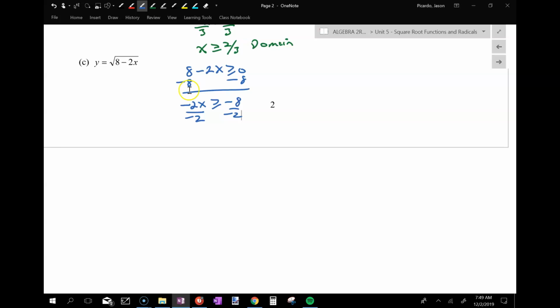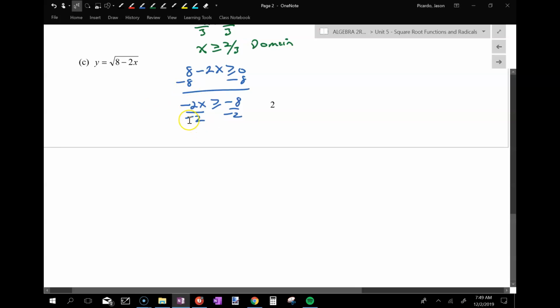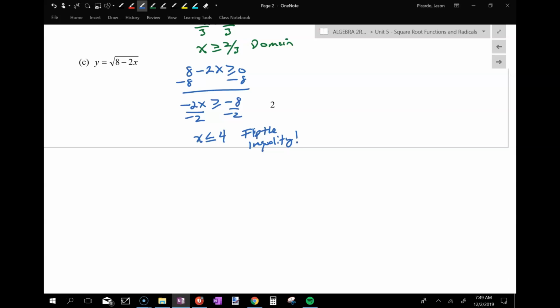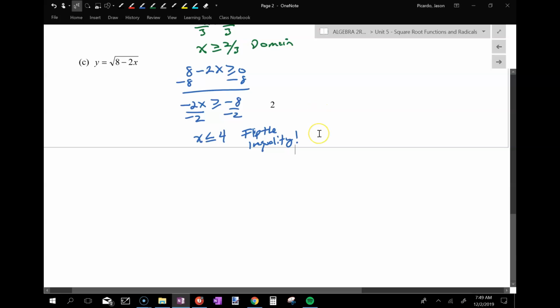And what has to happen when I divide by a negative? The inequality has to flip, right? So I have to write that inequality the other way. And again, the only time we do that is when we divide or multiply by a negative. Okay? And again, that creates my domain.